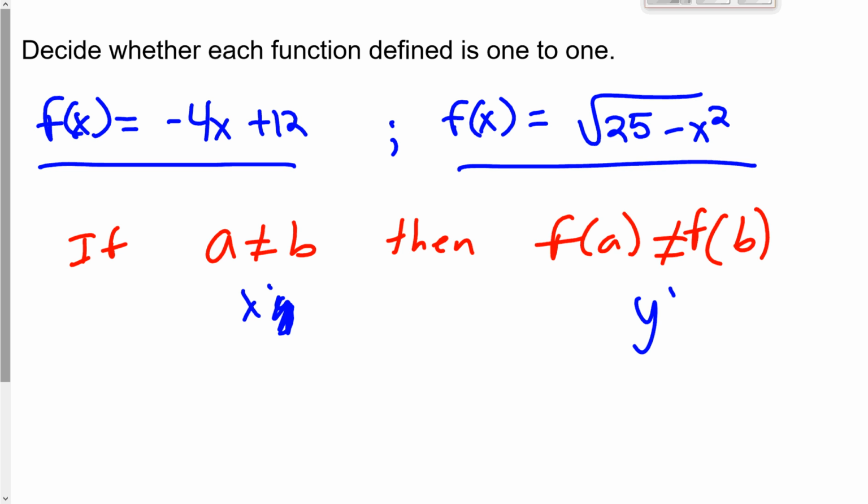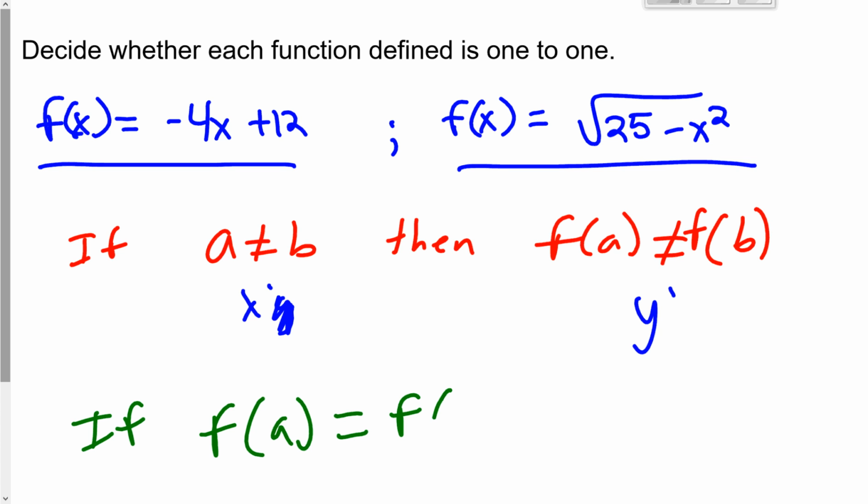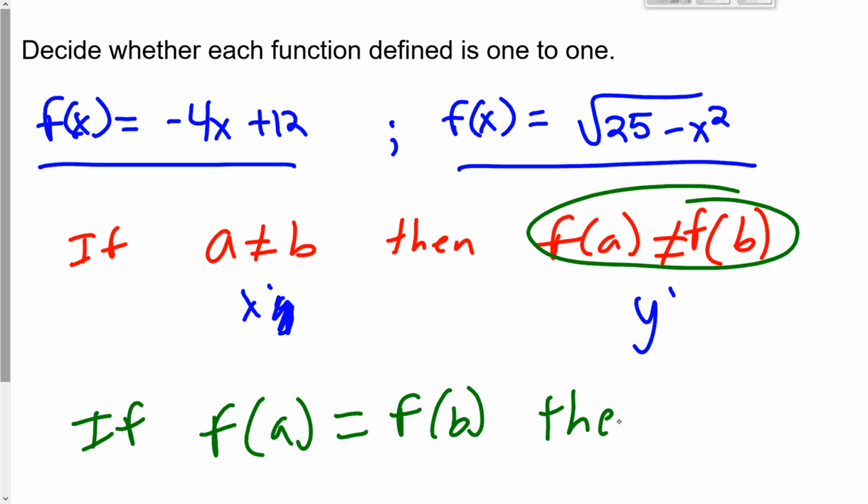That's a little different because it's using not in there. So we could look at a different phrase called the contrapositive. If it is true that f of A equals f of B, then A will equal B.